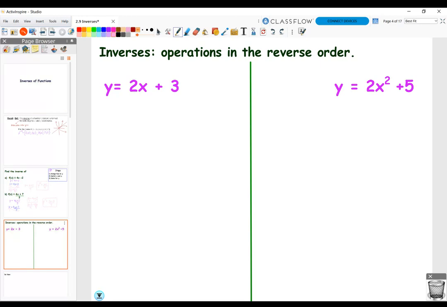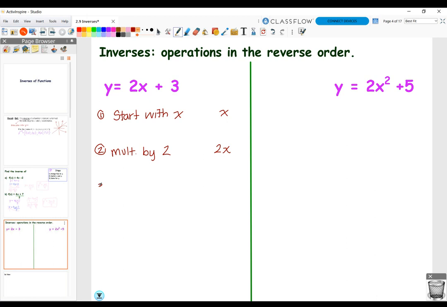So let's think about this verbally. I'm looking at this left-hand side equation, 2x plus 3. What I would do is I would start with an x. Then I would build upon this function. The first thing I would do is start with x. Well, it's 2 times x, so then I would multiply by 2, which now gives me 2x.